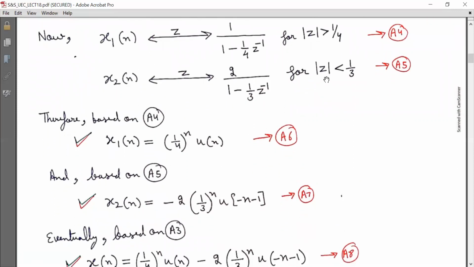Here the ROC is magnitude z less than 1/3. So corresponding to this, x2[n] is equal to minus 2 times (1/3) raised to power n u[minus n minus 1]. That is equation A7.